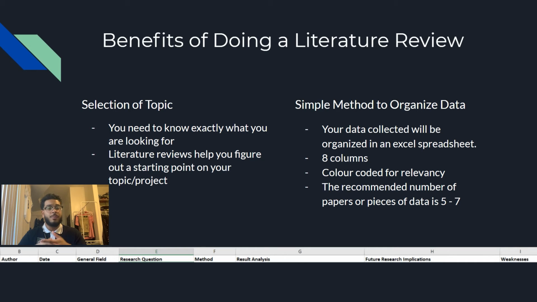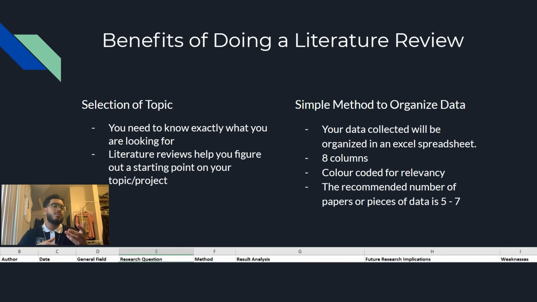Next would be a simple method to organize the data. Your data collected will be organized in an Excel spreadsheet, 8 columns wide, usually color-coded for relevancy. The one attached here in the video is actually not color-coded, but for example, you could have it green for more relevancy and red for the least relevancy.